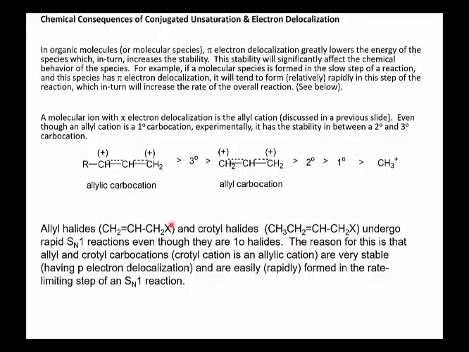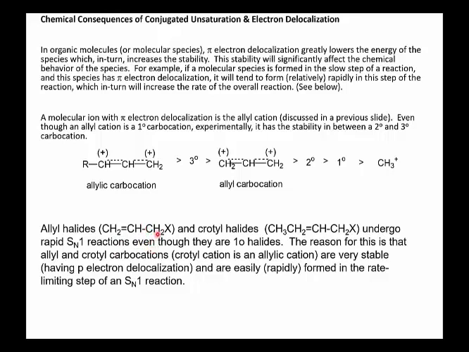Well, allyl halides and crotyl halides, let's look at their reaction typically in SN1 type reactions. What we find is that they undergo SN1 reactions very rapidly, even though they're technically primary halides.